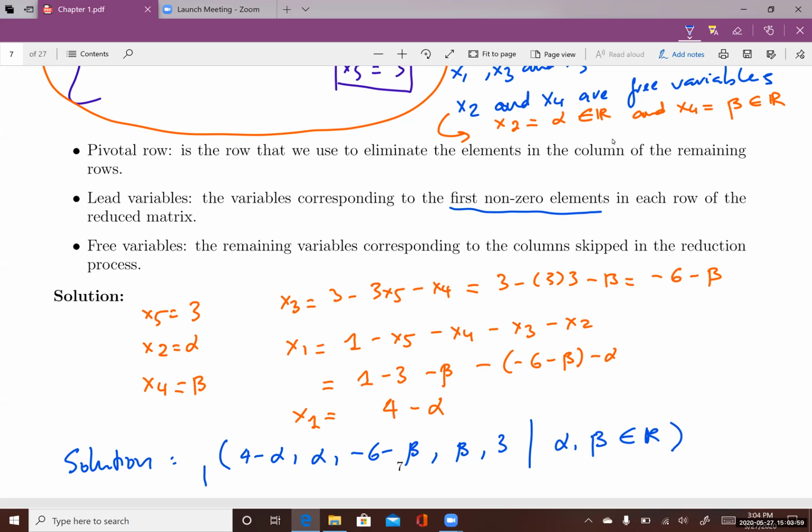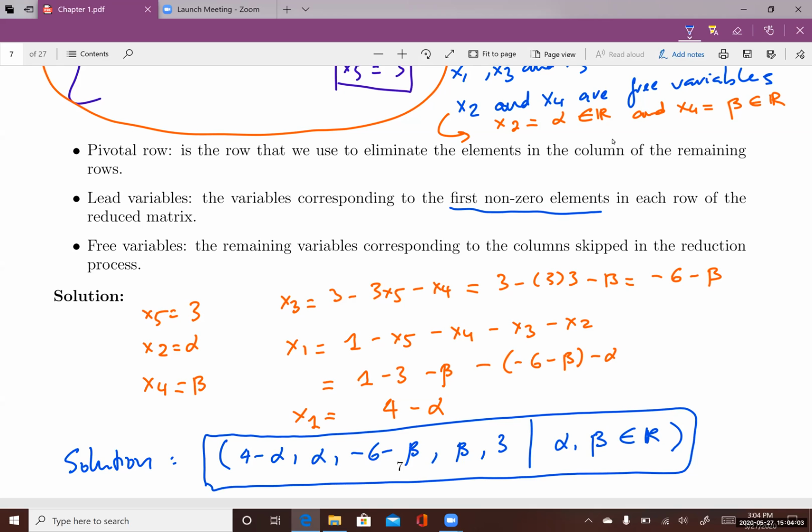So as you can see, this is the solution of the system. And based on these solutions, you know that this system has infinitely many solutions because you have infinitely many different values for alpha and beta. Thus, the number of solutions for this system is infinitely many.